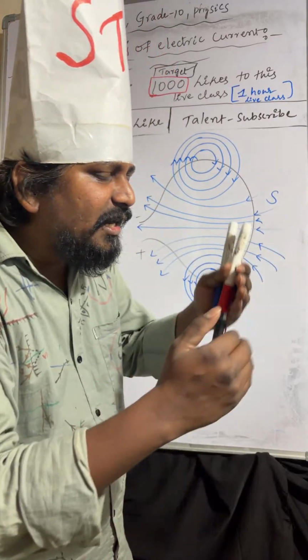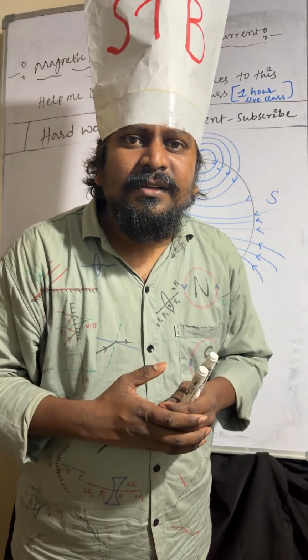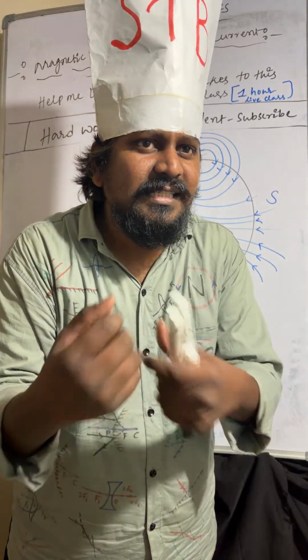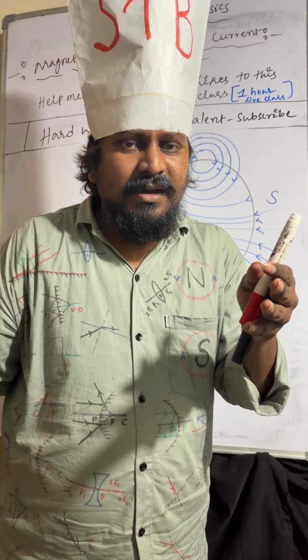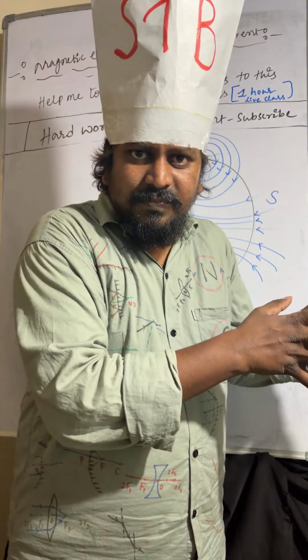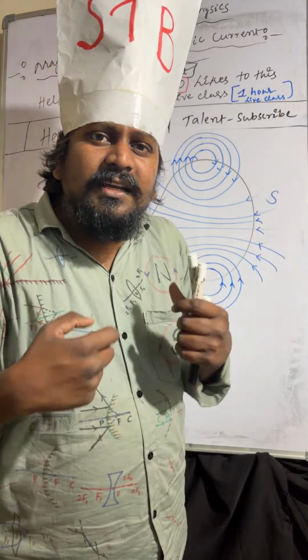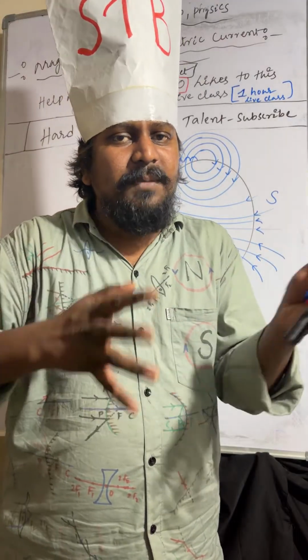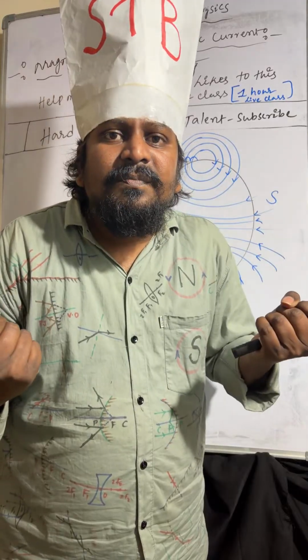So one magnetic field will be added up to another magnetic field. Do you know tug of war? People in one team and people in another team add up their energy, one person to another, then the strength will be more.